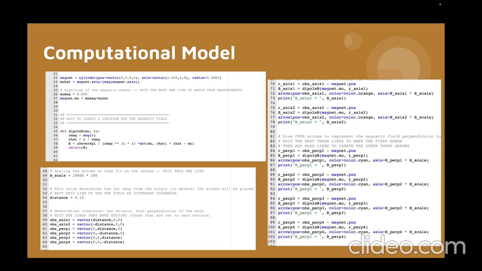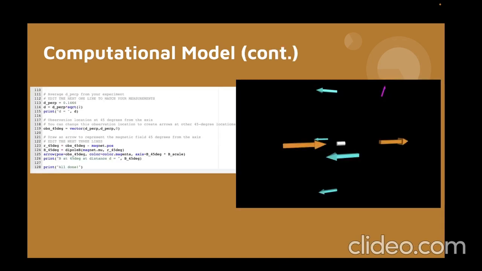On the right, you can see the calculations for the magnitudes of these 6 vectors. If you'll notice, the ones on axis have twice the magnitude as the other 4 that are perpendicular, similar to a dipole.